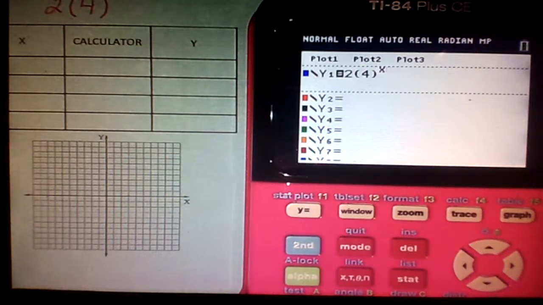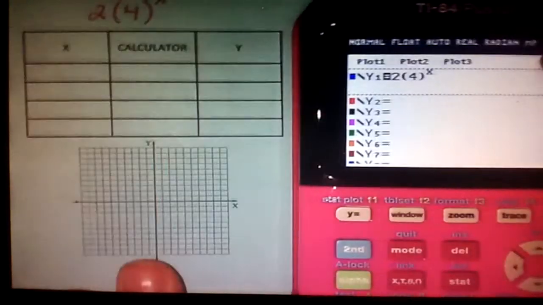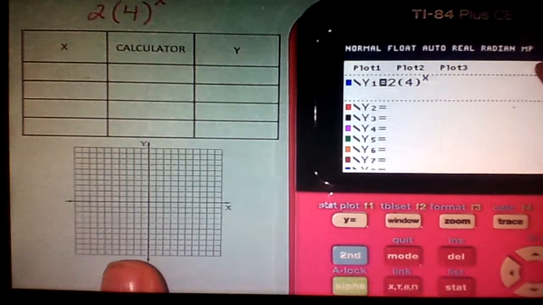So to get the x, do I press alpha? No, your X button is this one right here. On here, the X is right beside the 4.